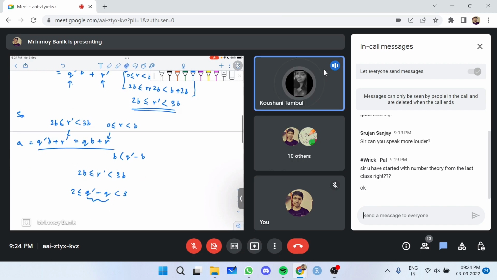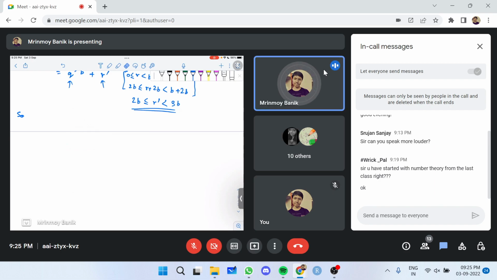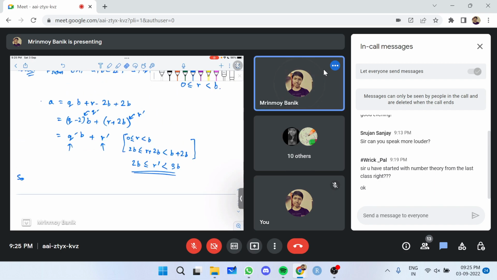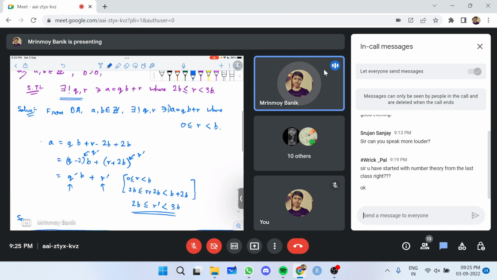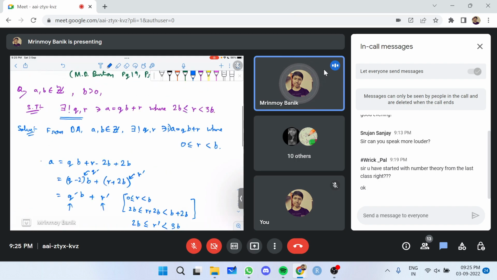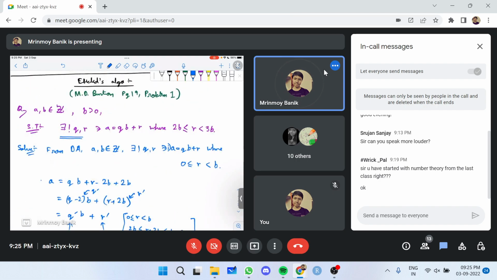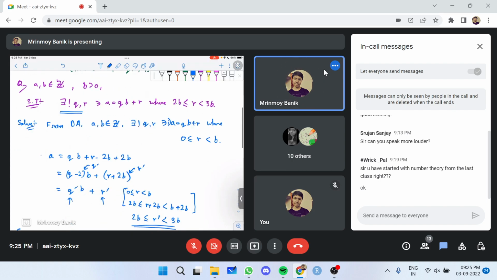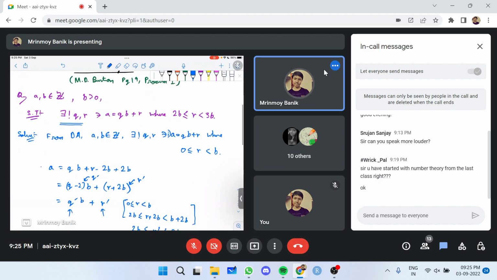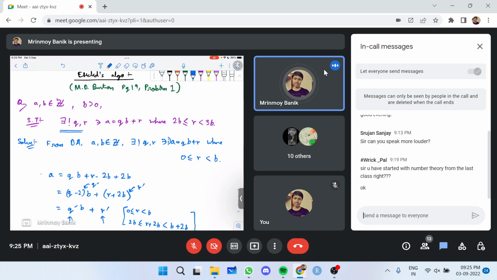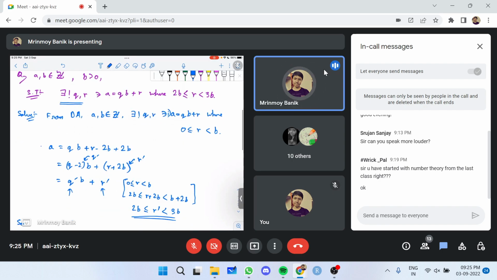So for now, let's skip this problem. This is a way to solve it: assuming the division algorithm, which is always true, and then building on top of that to come up with the inequality given here. Since we inherit uniqueness from the division algorithm, I don't need to prove that q dash and r dash are unique.